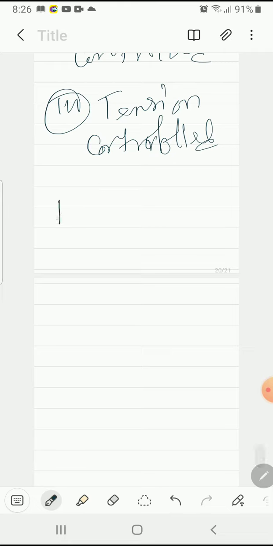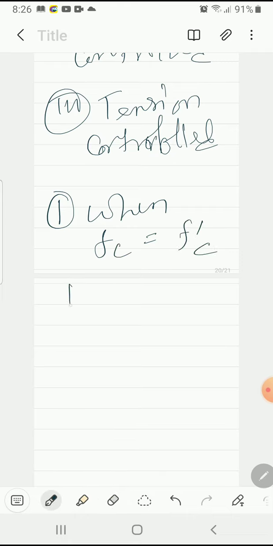এখন কম্প্রেশন কন্ট্রোলটা কি? When fc equal to f prime c, then epsilon t equal to 0.002.